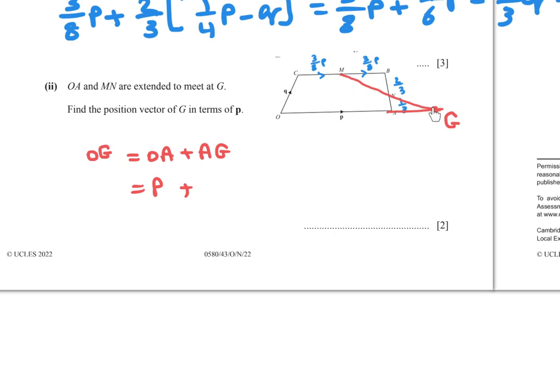So this side is half of that one. So if this side is 3 over 8, this one is divided by 2, so 3 over 16 B. So AG is 3 over 16 B. Now add them. 3 over 16 B plus 1 B equals 19 over 16 B.